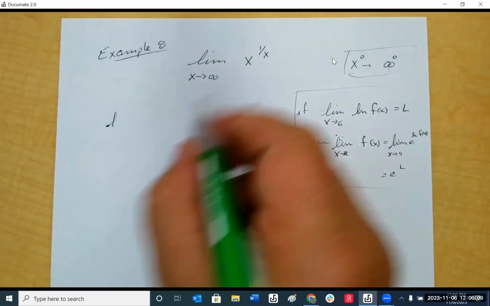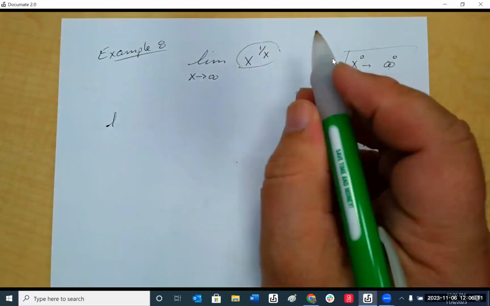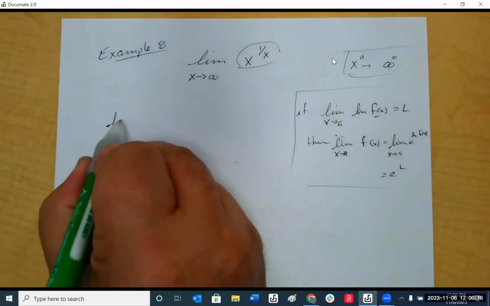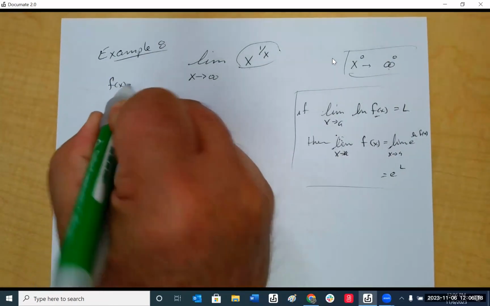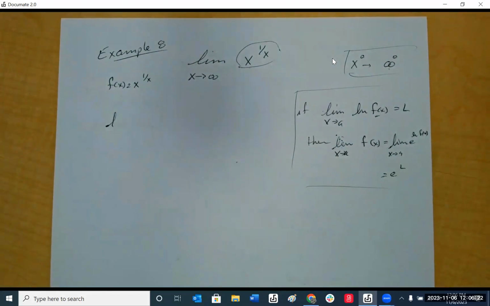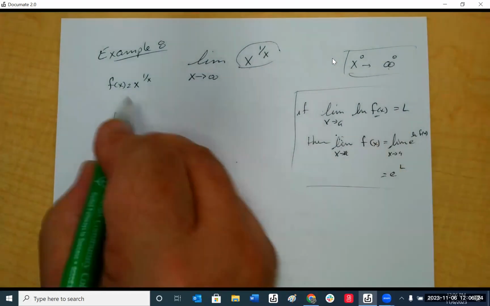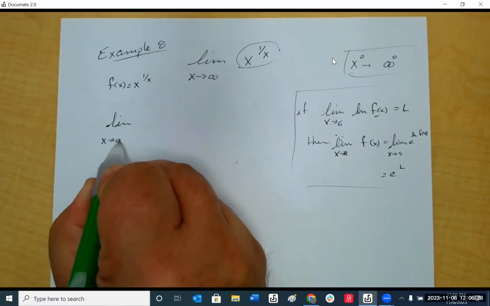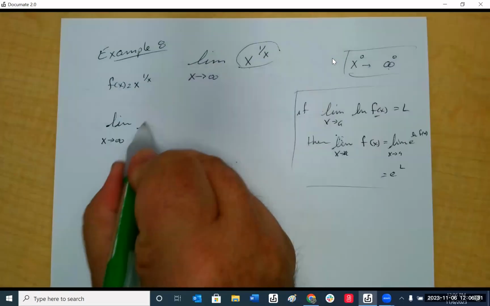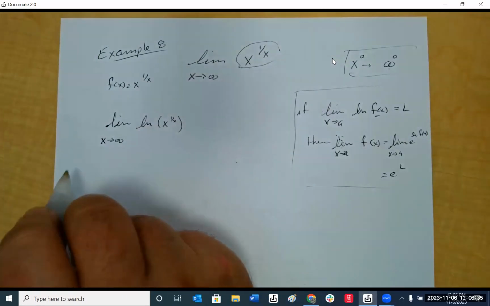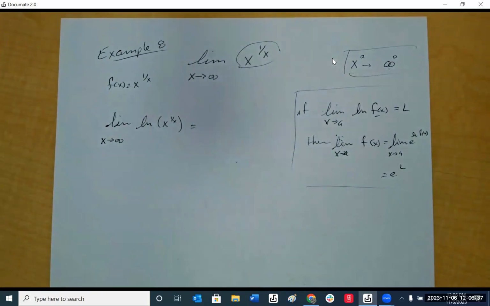So this is our f of x. That's our f of x. So anywhere I see an f of x, that's x to the power 1 over x. The limit as x approaches infinity of ln of x to the power 1 over x is what we want to find.